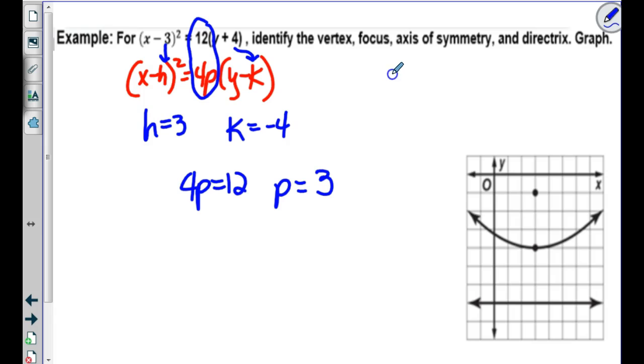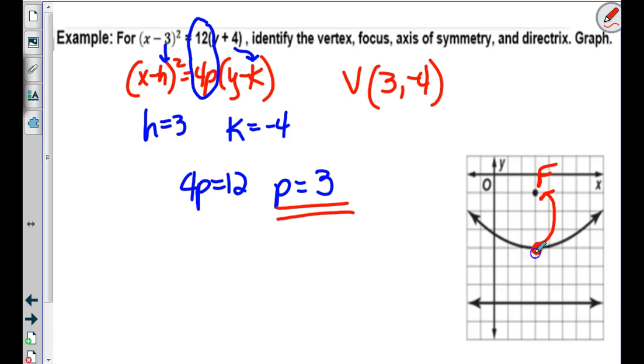Okay, if I didn't have a graph, I would say my vertex is at (3, -4), h and k. I'd go over 3, down 4, dot. Then I would say p is +3, so it's opening up, and the focus is exactly 3 units above the vertex, if I get my vocabulary right.